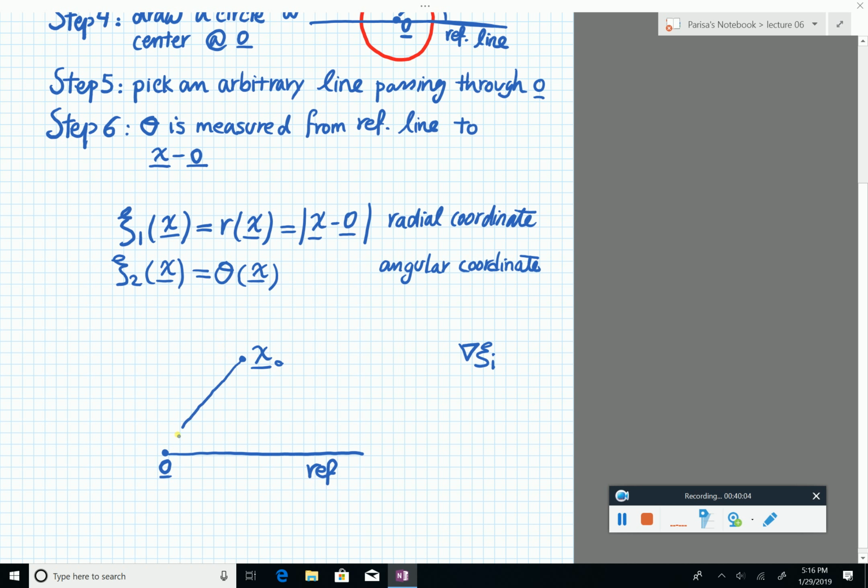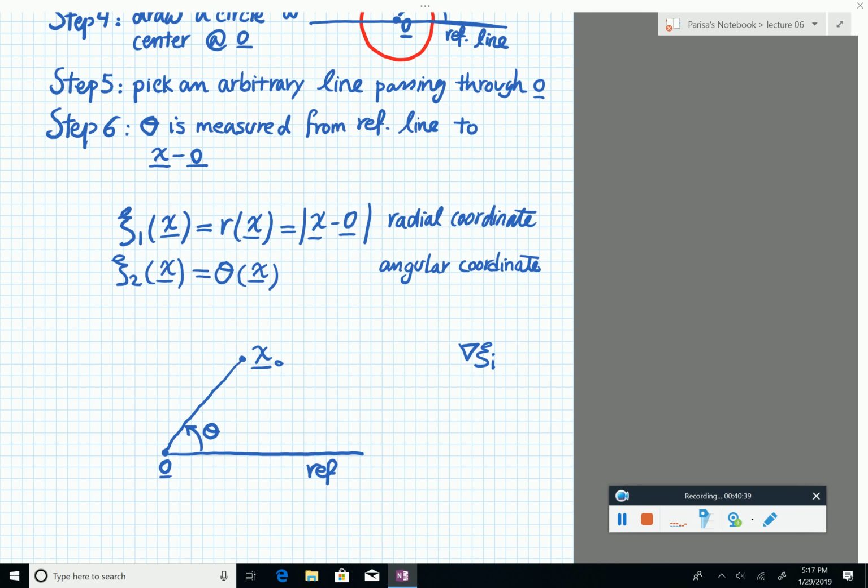We have the distance and the angle as the two coordinates. Now my question for you is, what are the coordinate lines here? Remember, in Cartesian coordinates, at every point you can pass as many coordinate lines as the dimension of the space you are in.